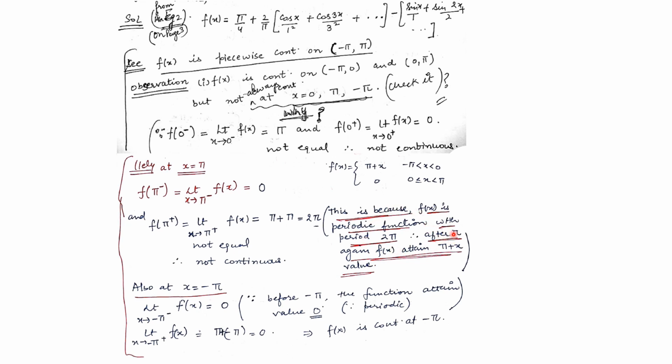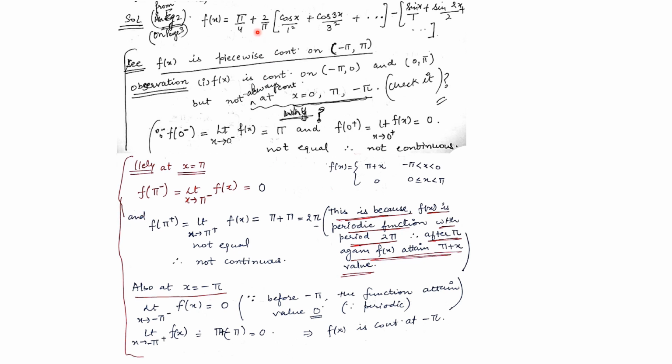So after pi our function again attains the value pi plus x, and before pi the value of the function is 0. After pi its value is again pi plus x, meaning pi plus pi, which is 2 pi. Again the left limit is not the same as the right limit, so our function is not continuous at pi.